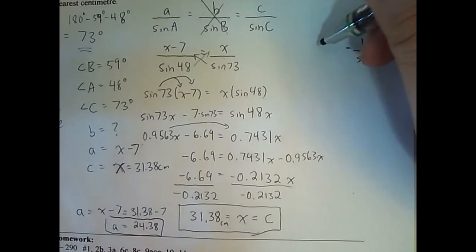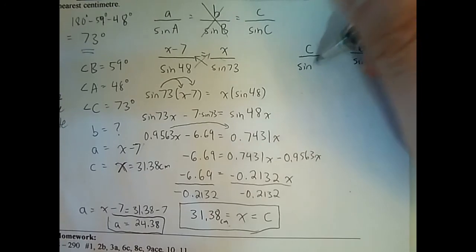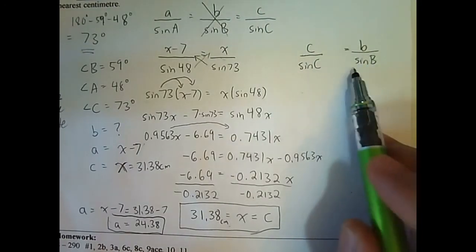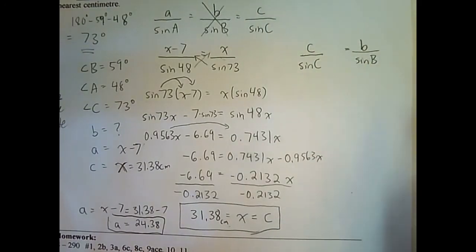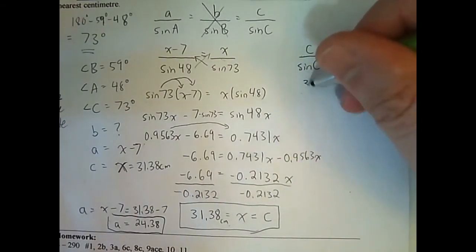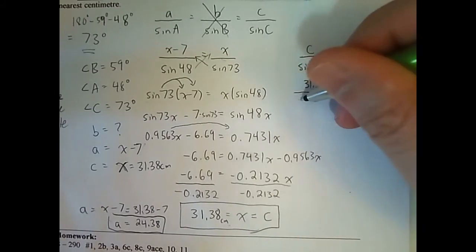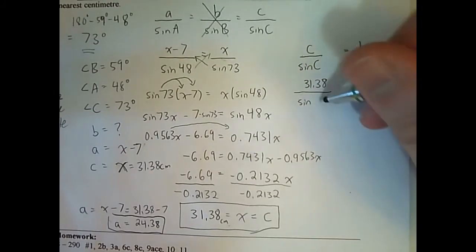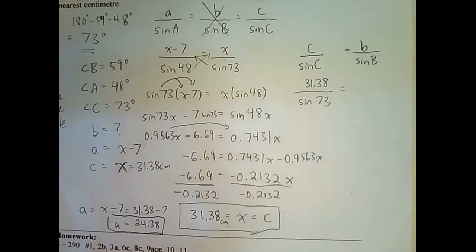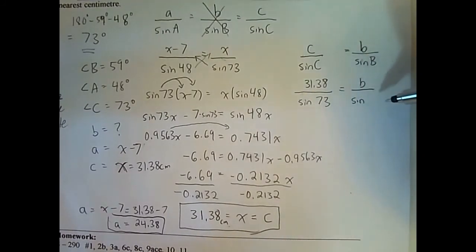So let's just do side C over sine angle C is equal to side B over sine angle B. So let's fill in the things that we know. We know C is 31.38 over sine, and the angle of C we said was 73. We want to know what side B is, all over the sine of angle B, which is 59 degrees.